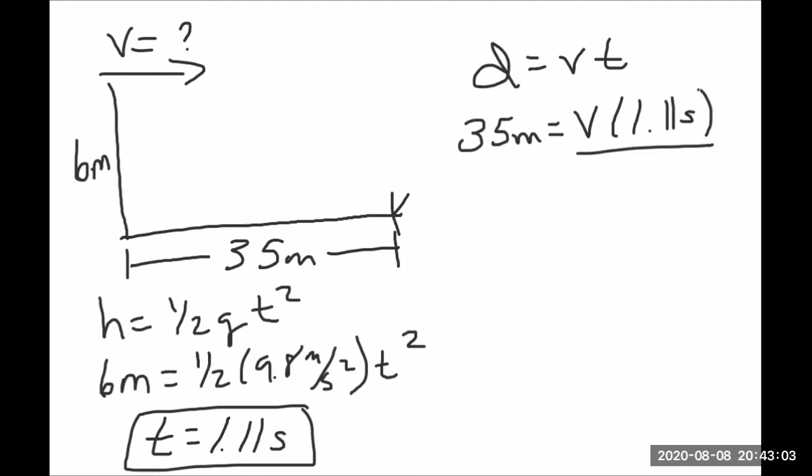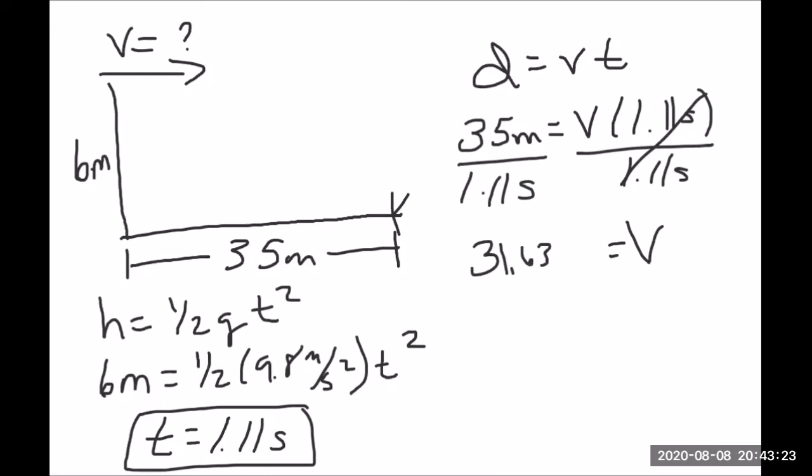I'm going to divide by what's by the letter, and I'm left with a velocity of 31.63 meters per second.